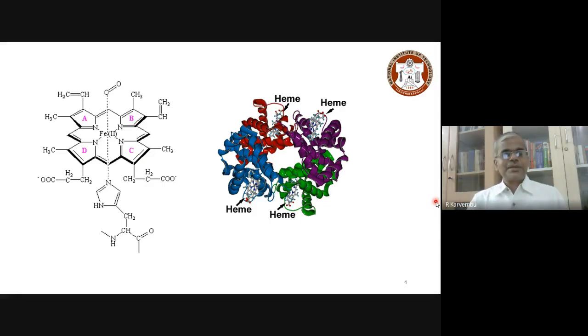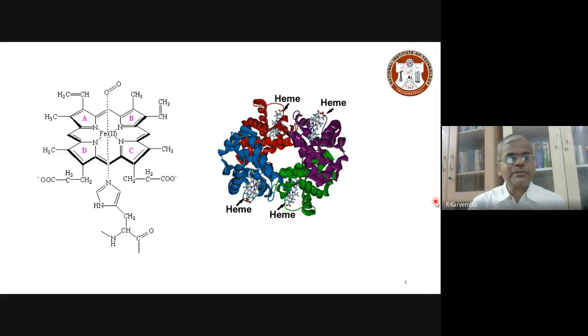But the ligand tunes the property, particularly the electronic property of the metal, in such a way that the metal can function effectively. So if you take a complex, the metal and ligand cooperate, so they act synergistically whenever they are applied somewhere.